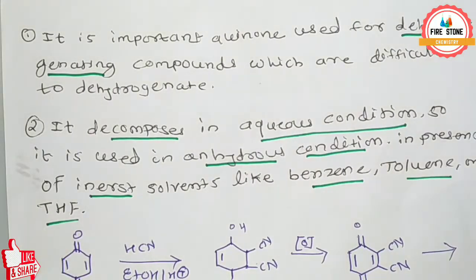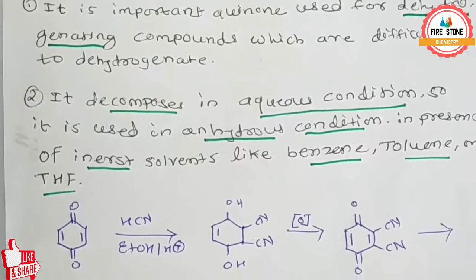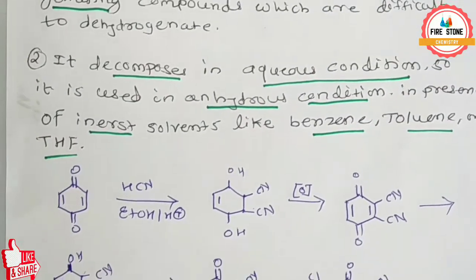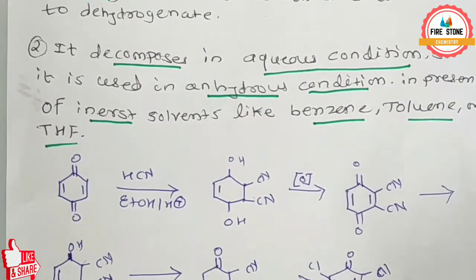So DDQ is used in an inert solvent like benzene, toluene or THF, because in aqueous condition its decomposition takes place.